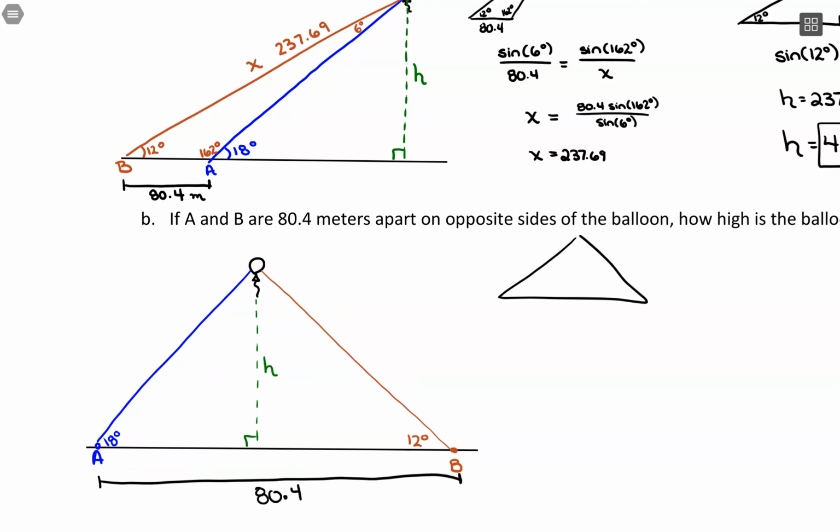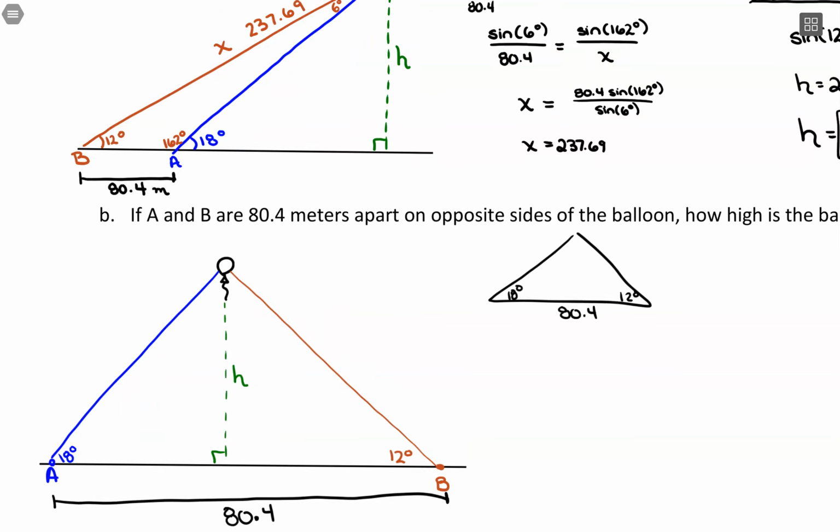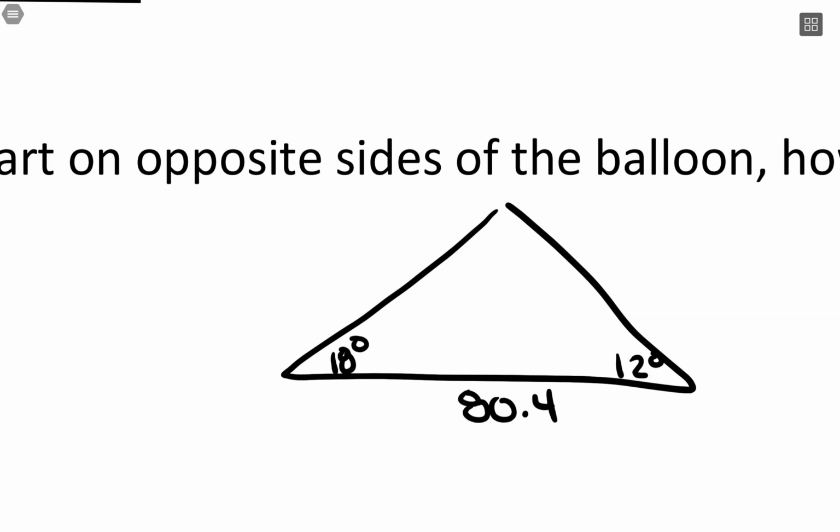The big triangle where this is 18 degrees, this is 12 degrees, and this is 80.4. Because then I can see my angle side angle. So I'm going to need that opposite angle up there. So 180 minus 18 minus 12, that should be 150. So we have 150 degrees up there.